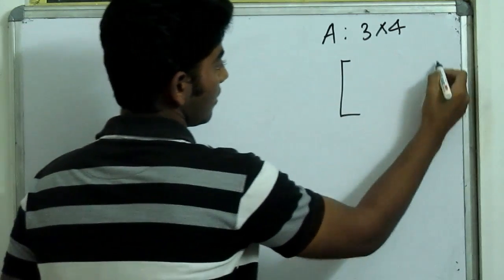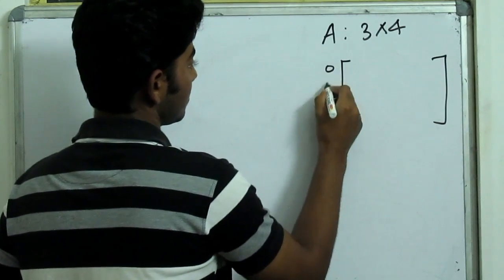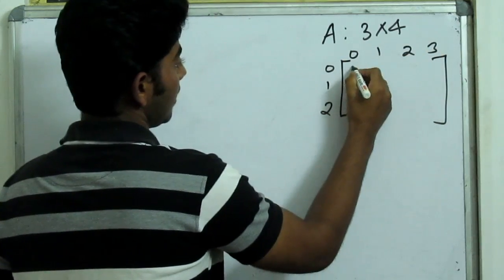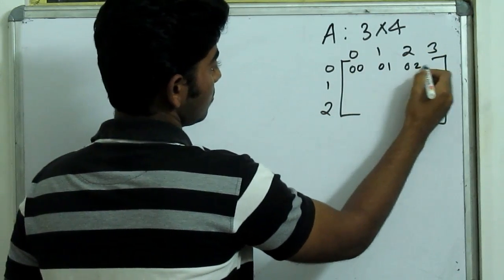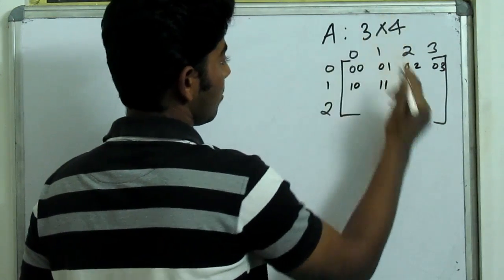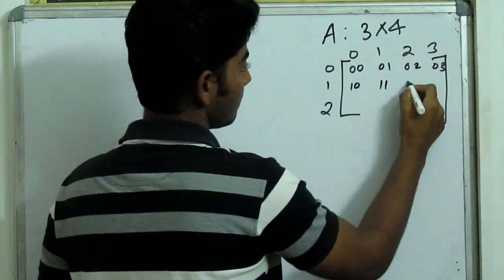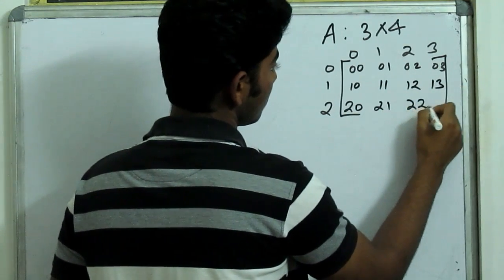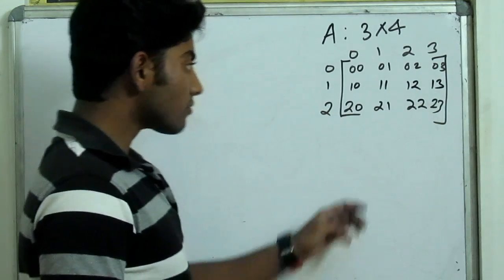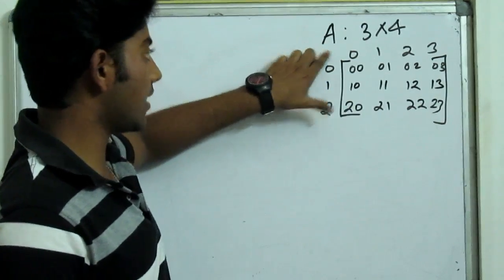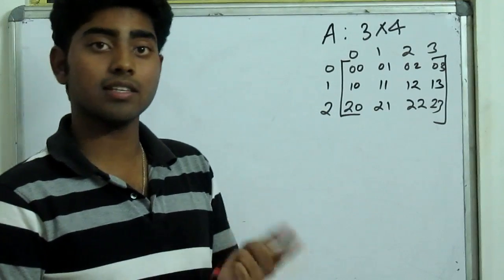So let me take an array with row indices 0 1 2 and column indices 0 1 2 3. The elements will be 0 0, 0 1, 0 2, 0 3, which is pretty obvious. We all know how the matrix of a two-dimensional array is formed: 1 0, 1 1, 1 2, 1 3, 2 0, 2 1, 2 2, 2 3. Now, as I told you, the array can have indices starting from 0 as well as from 1.